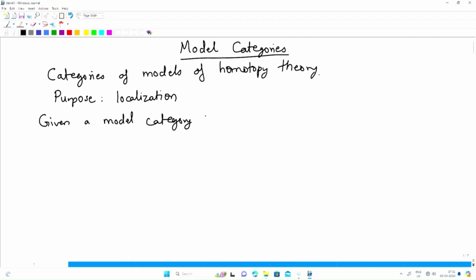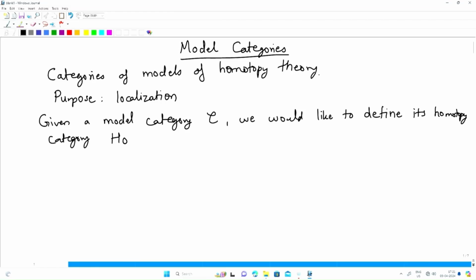Okay, given a model category C, we would like to define its homotopy category, Ho(C), satisfying the following.